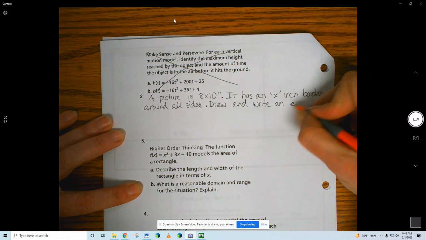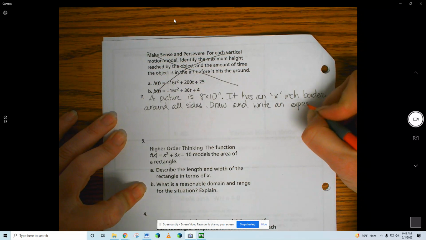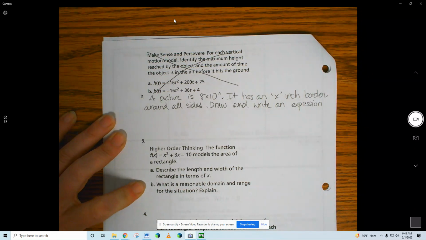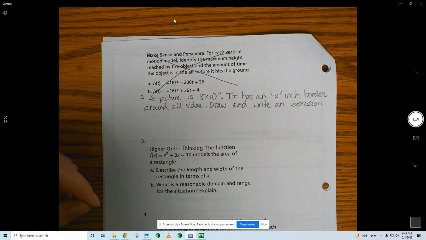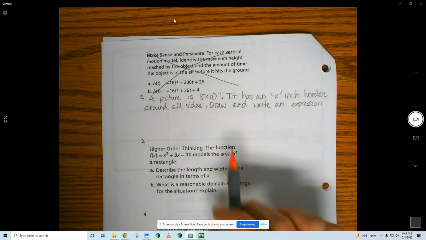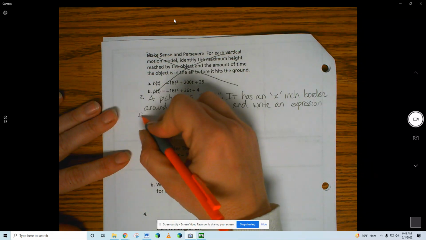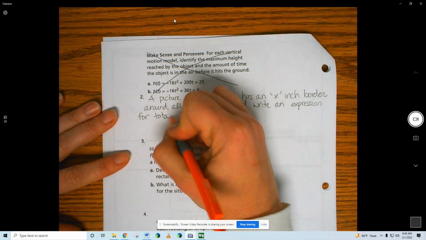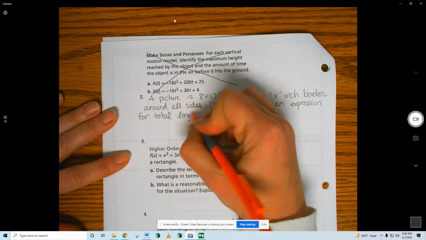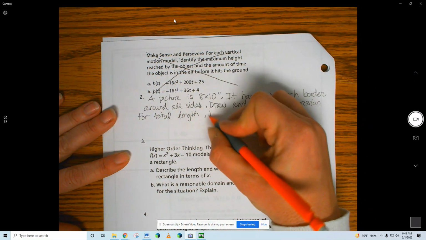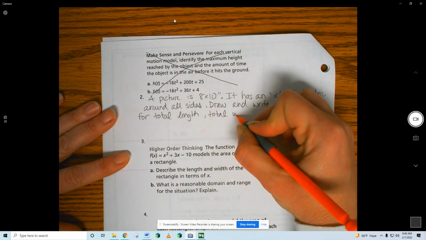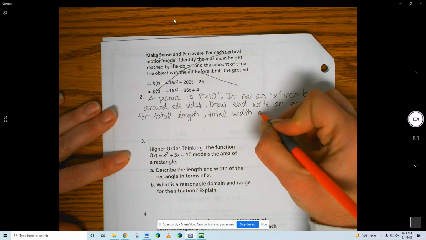Now, you can't solve this, you guys, because I didn't tell you what X was worth. So you're just going to have to include X in this. Draw and write an expression for the total length, total width, and area.